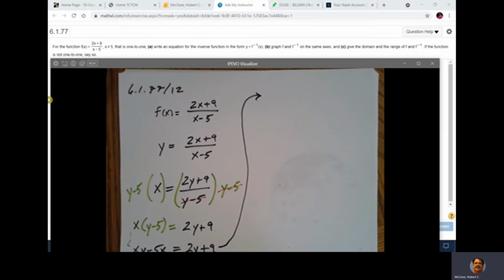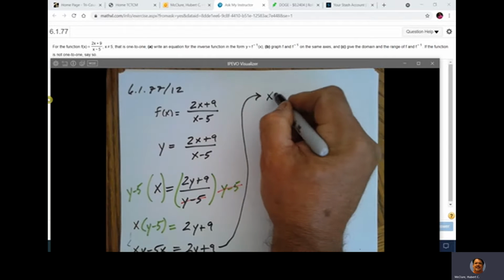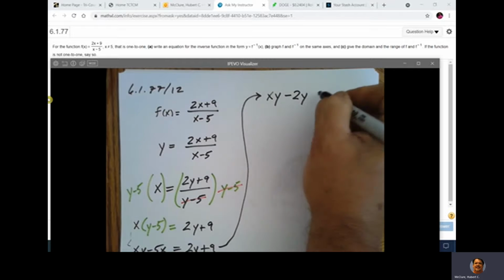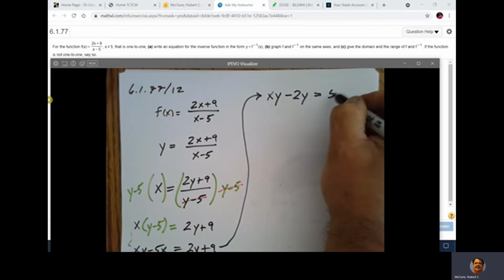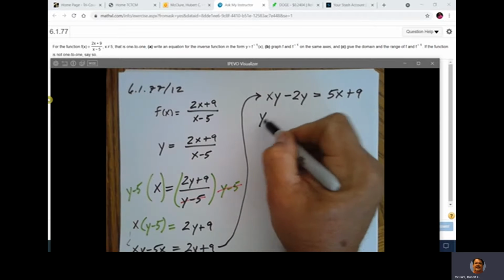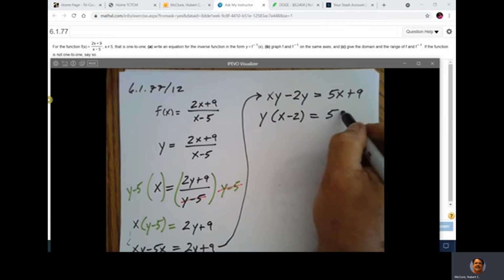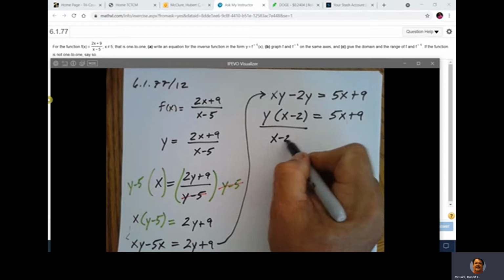And I've got all the y's on one side, so I'm going to bring the 2y over and the 5x over. So it looks like we get xy minus 2y is equal to 5x plus 9. Factor out y, we get y times x minus 2 equals 5x plus 9, divide by x minus 2.